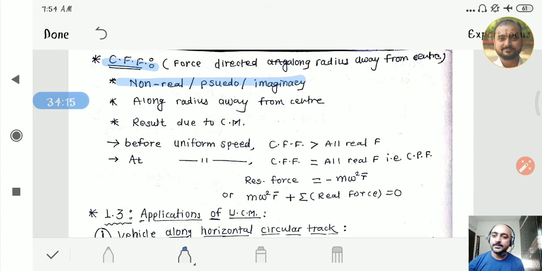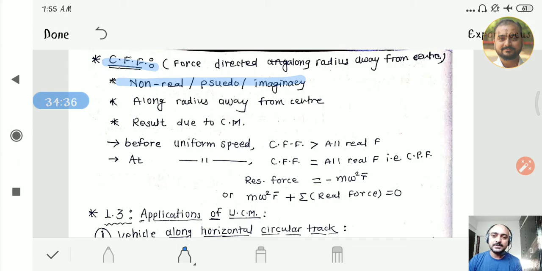What we can say about this force, it has a simple example. When we are sitting in a car, and the car turns towards the right, then our body leans towards the left. So who is going to apply the force on you? That is this centrifugal force.